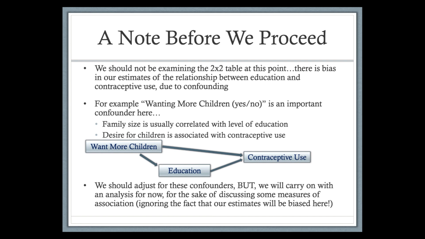We'll talk about, for example, what an odds ratio is, how it's calculated, and what its interpretation is. Later we'll see that using logistic regression, we can calculate the odds ratio adjusted for confounding factors: what effect does education have on contraceptive use, adjusting for whether or not they want more children and what their age category is.